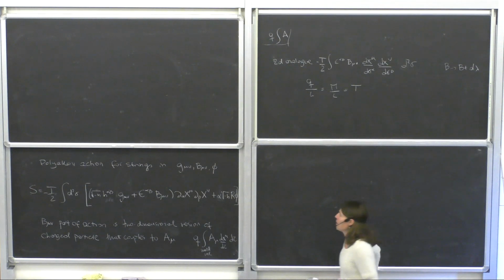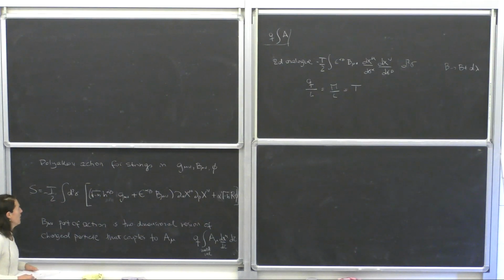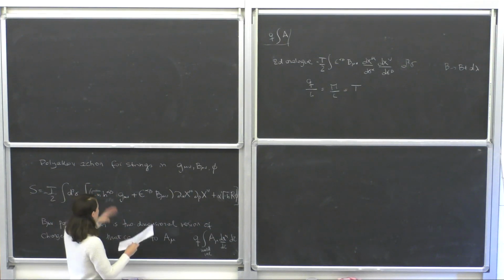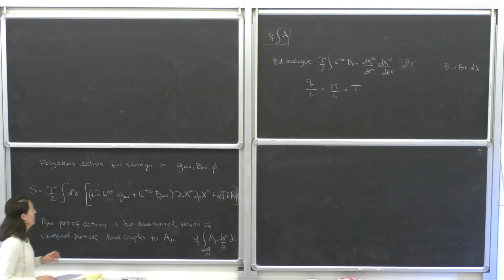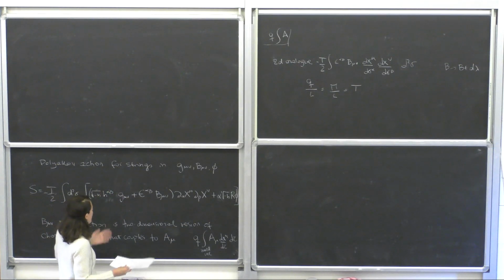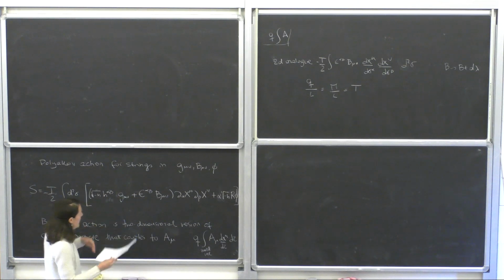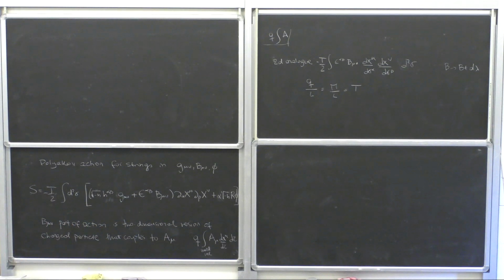Yeah, but these are external fields that can be different if they are sourced by other things. We'll see the branes. The strings couple to both, but the branes couple to this, but not to B, or to B in a different way.